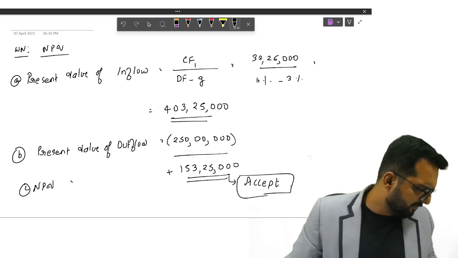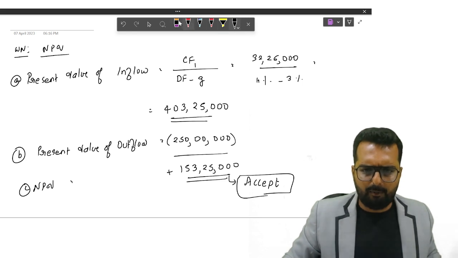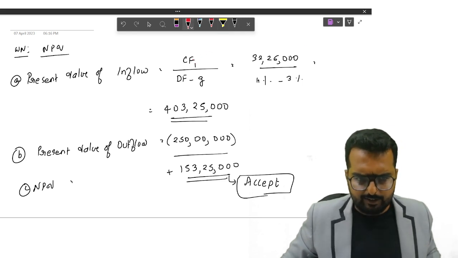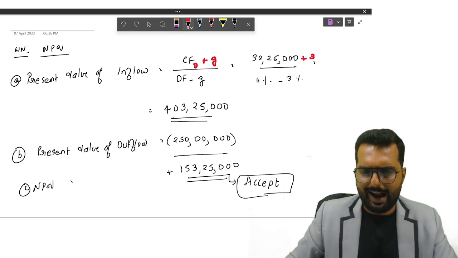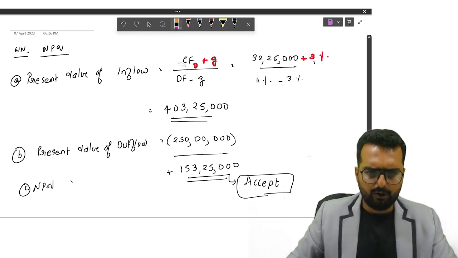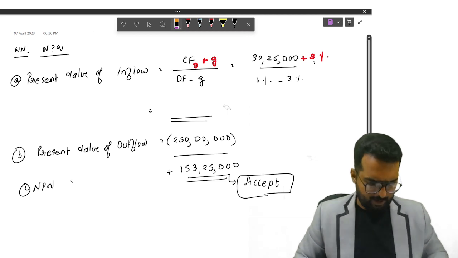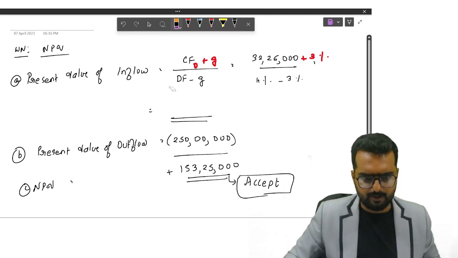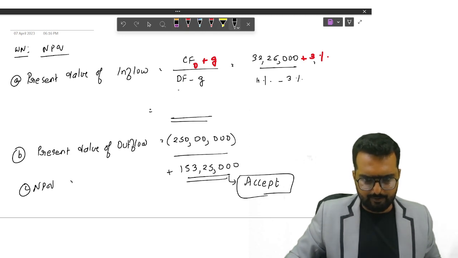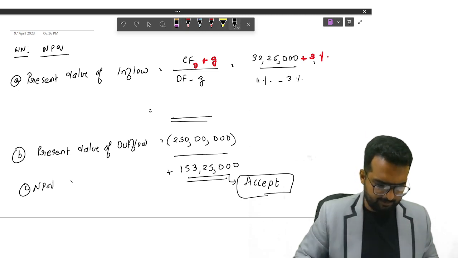Friends, hold on. Okay, small correction, friends. This is cash flow 32,26,000. They've assumed it to be cash flow 0. So we will have to add a 3% over here. Okay. So when you add 3% over here, what will happen? 32,26,000 plus 3%. That would be divided by 8%.